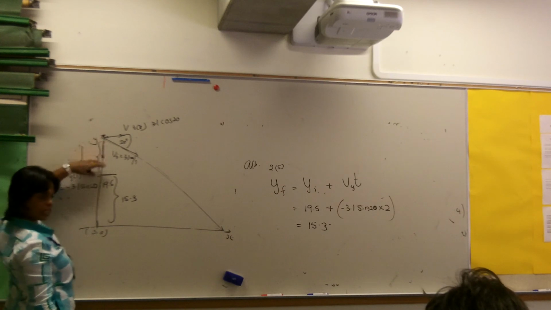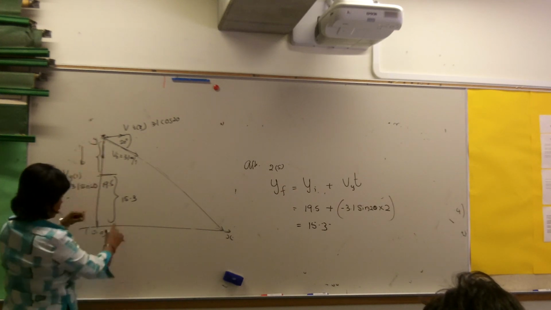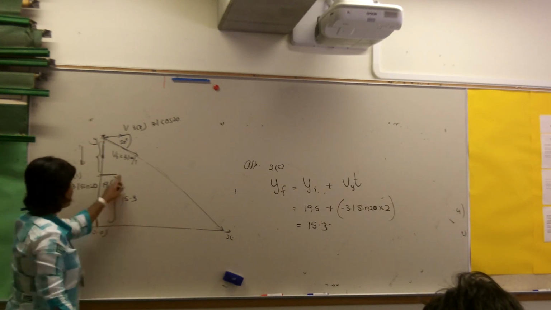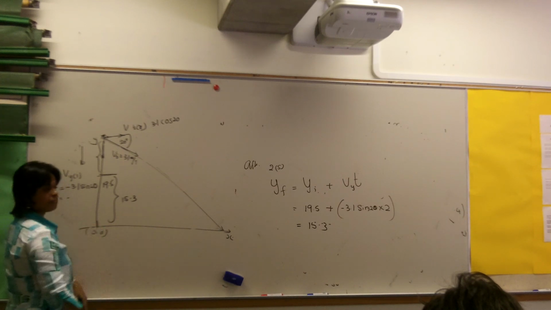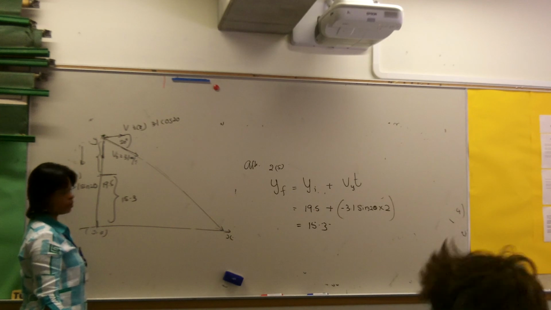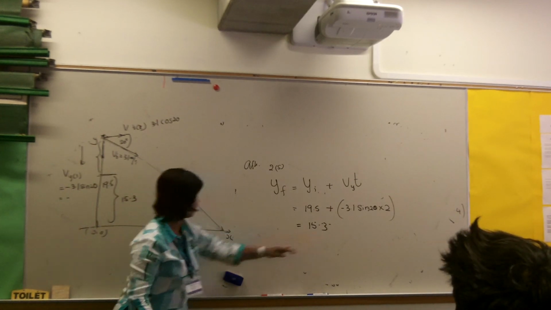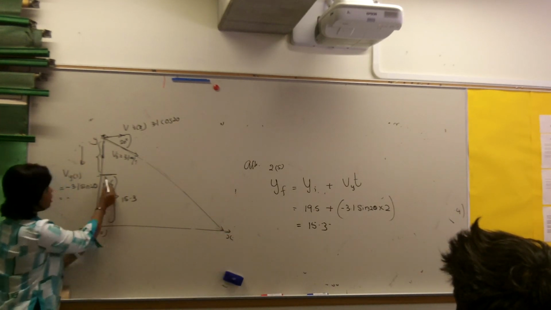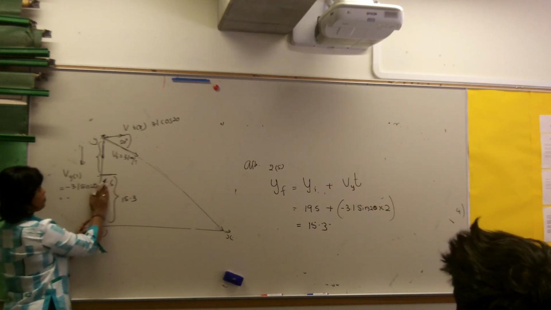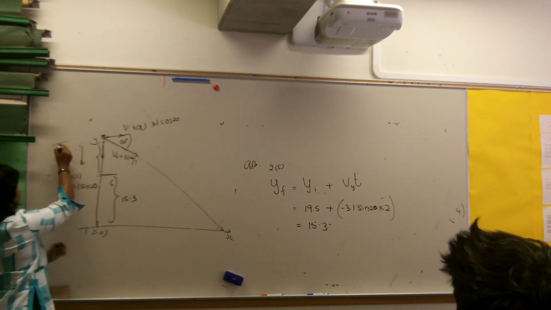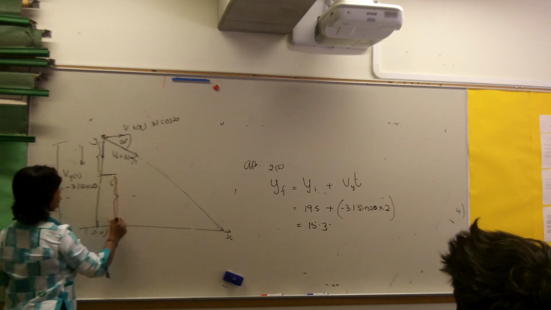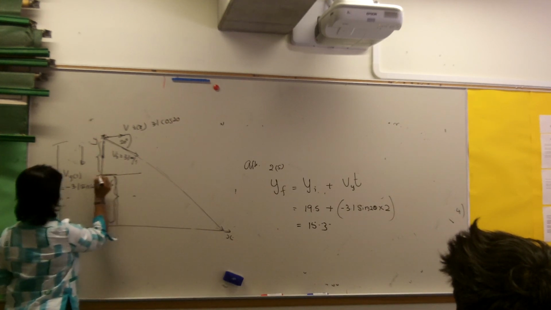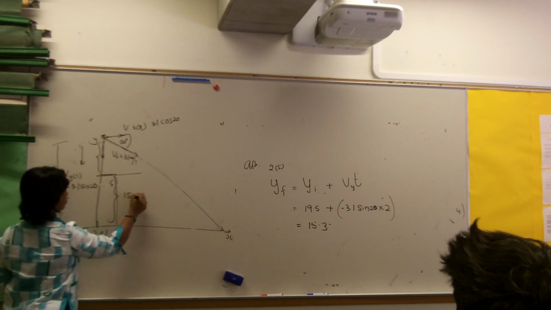That is how much he descended. The value you got, 15.3, is positive, which means from here to here it's 15.3. From here to here, 19.5. So after 2 seconds he is here, which is 15.3.